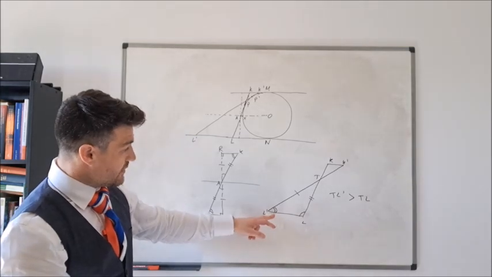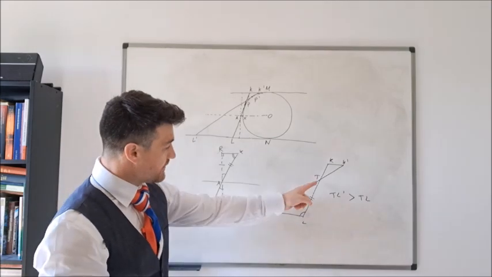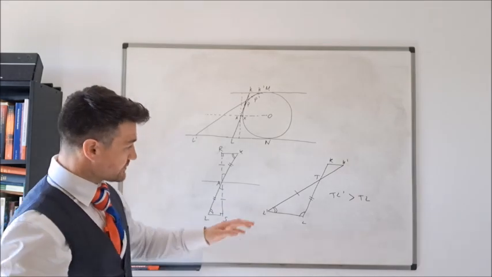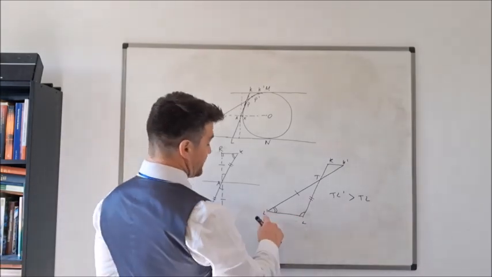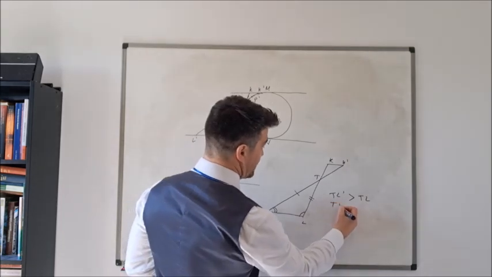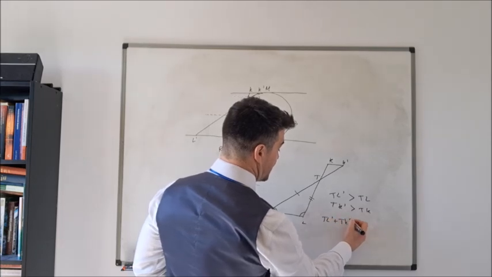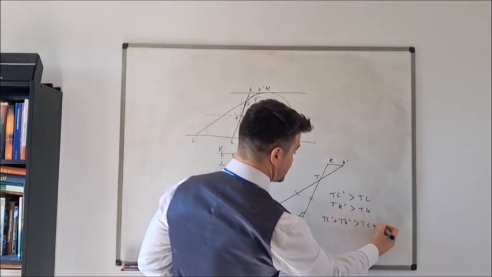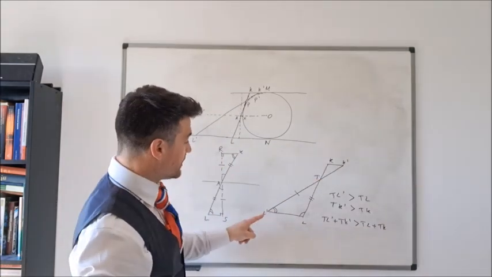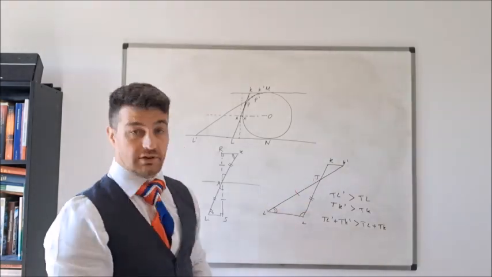And what we'll find is that the line TL primed will always be longer than TL, whenever L primed is further out than L is. So therefore, since TL primed is greater than TL, and TK primed is going to be greater than TK, then TL primed plus TK primed is going to be greater than TL plus TK. So in other words, the radius of the circle on K primed, L primed is going to be greater than the radius of the circle on KL.